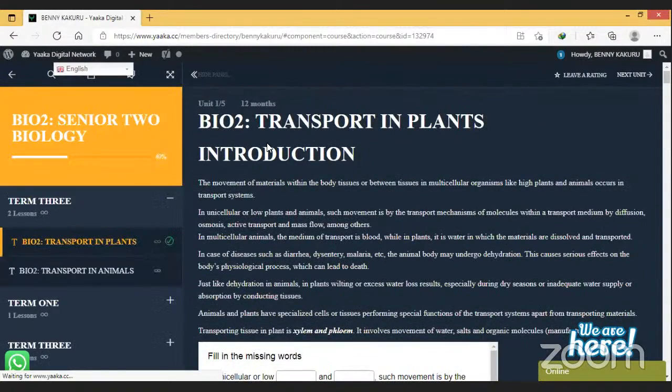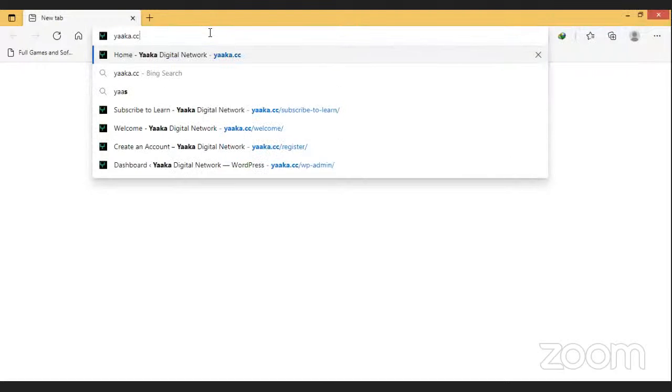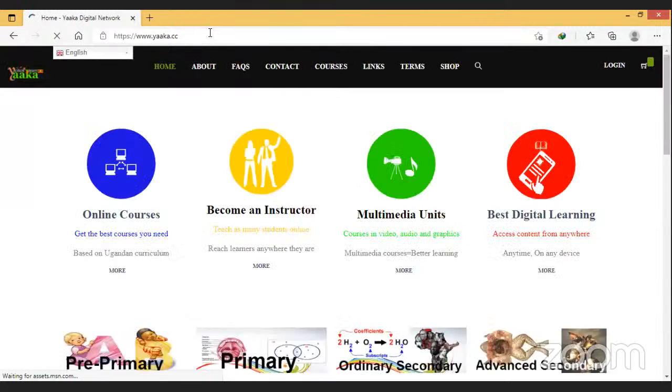So Hope, I'm now closing this. Can you see my screen? Yeah. So here, I will go to yaaka.cc. I press enter. So when I press enter, the page will load. This one also depends on your internet, how fast it is.